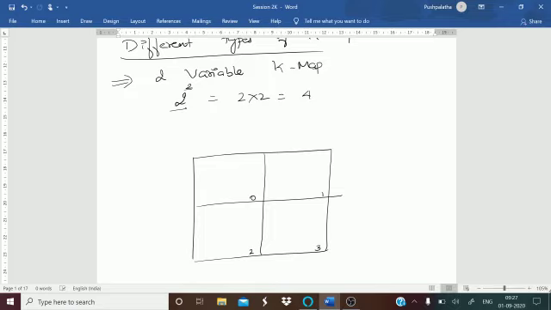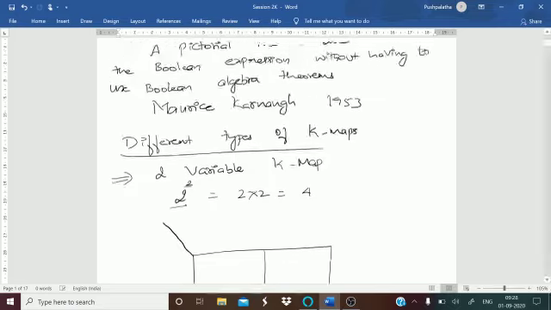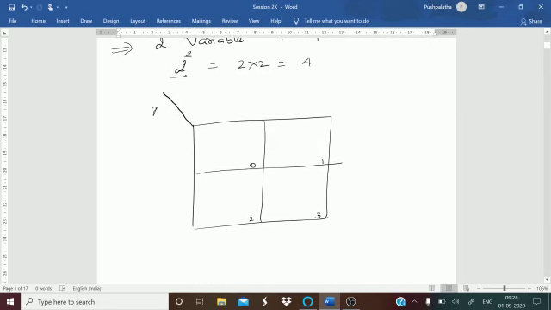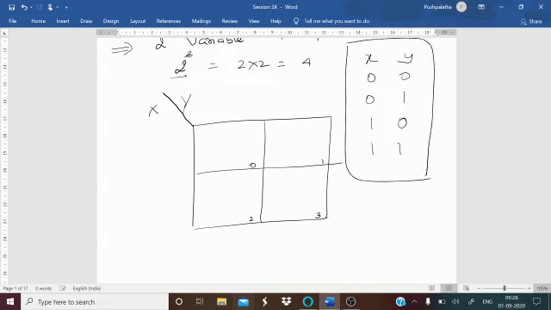Now the variables that we are using, let us take them as X and Y, normally capital letters. The vertical columns are Y and the horizontal rows are X. When we say X and Y, the possible combinations are 0 0, 0 1, 1 0 and 1 1.